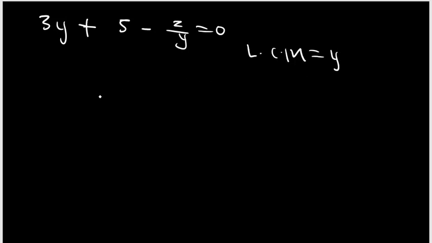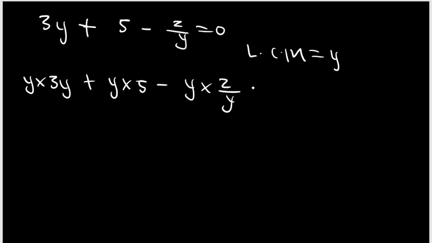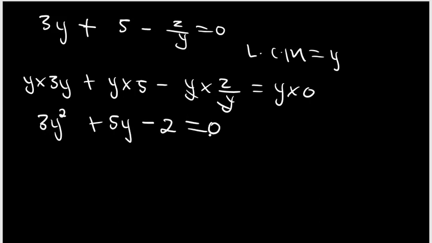We multiply through this equation, that is multiplying each term by y. So we have y multiplying 3y, plus y multiplying 5, minus y multiplying 2 over y, is equal to y multiplying 0. This side gives us 3y squared plus 5y. This y will cancel this y, and this side will give us minus 2 is equal to 0.